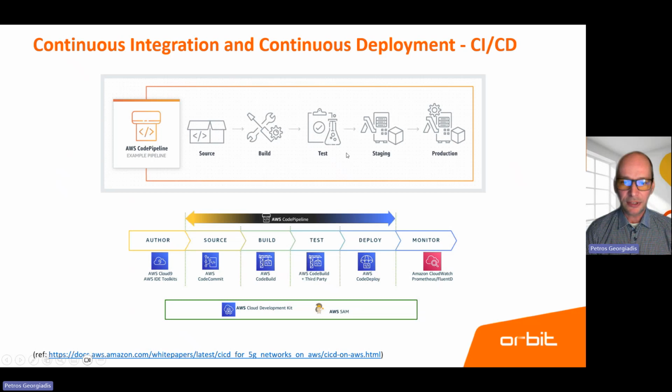And this artifact can be stored in some artifactory, or in our case, we can take as an artifact the Docker image that we have deployed in Elastic Container Registry.